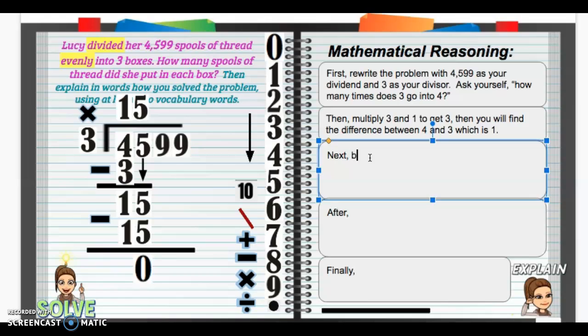Next, bring down the next digit, which is 5, and ask yourself, how many times can 3 go into 15?